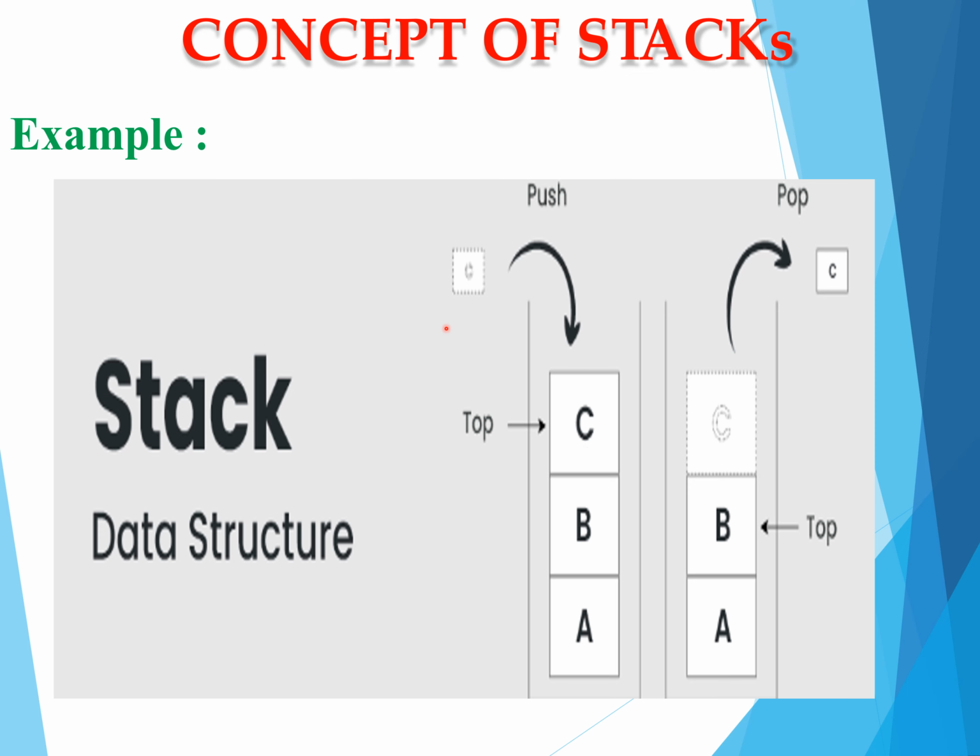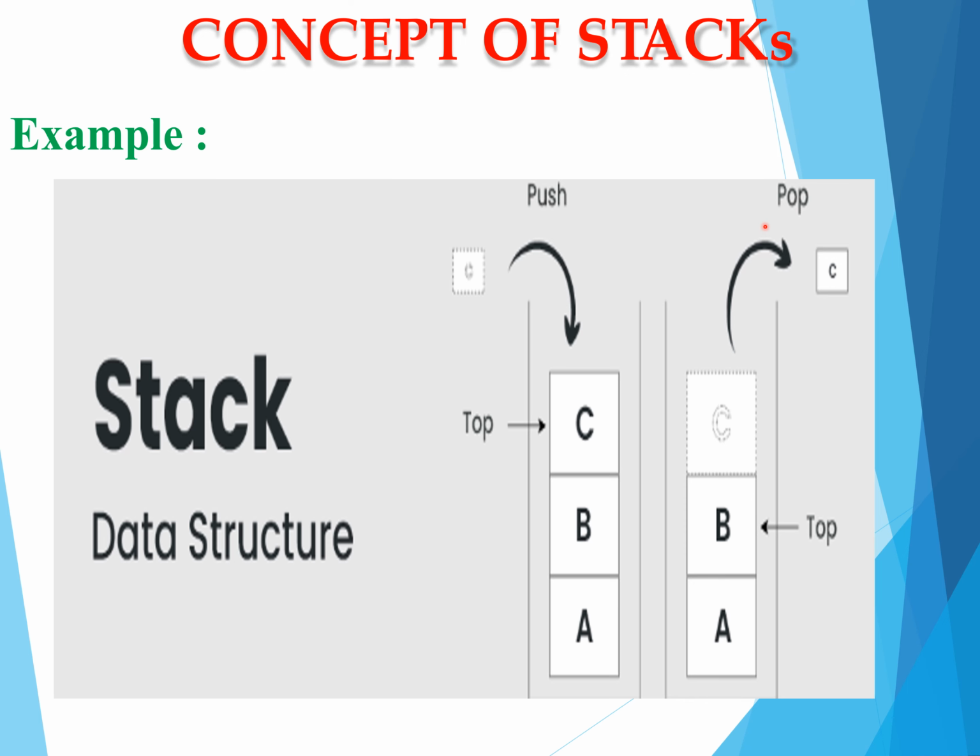Suppose you want to add a new element, so we insert it from the top only. Suppose in this example there are only two elements present in a stack and you want to push the character C. So we are inserting by using the push operation. Suppose you want to remove the character C from the stack.